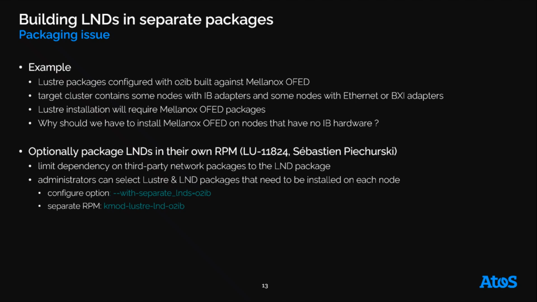If you specify the --with-separate-LNDs=o2ib option, this will include the o2ib LND in a separate RPM named kmod-lustre-LND-o2ib rather than including it in the kmod-lustre RPM.